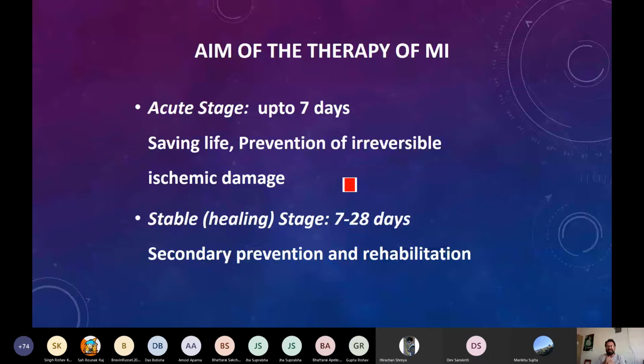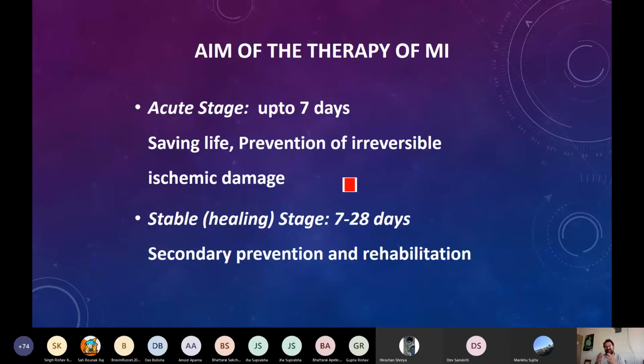Stable healing in MI is from 7 to 28 days, and there we concentrate on secondary prevention, meaning the nucleus of the infarction is already formed, but we have to prevent reinfarction in other tissues. Because that clot is still there, and the risk factors for developing MI are still there in that patient, so we have to prevent that.